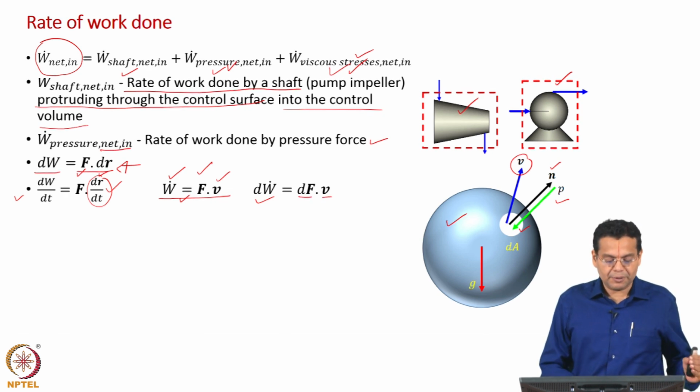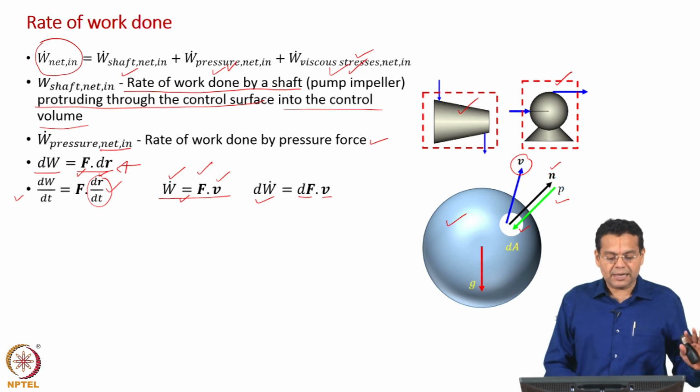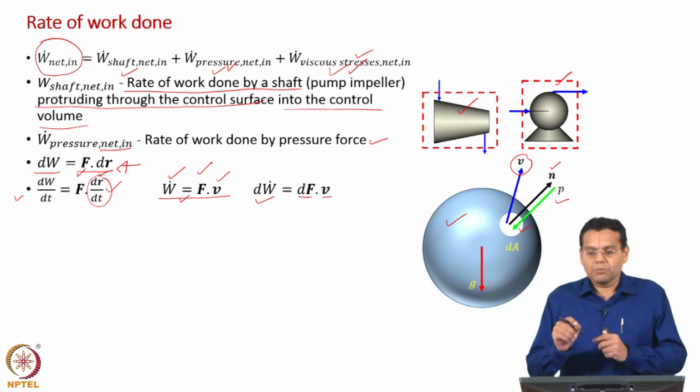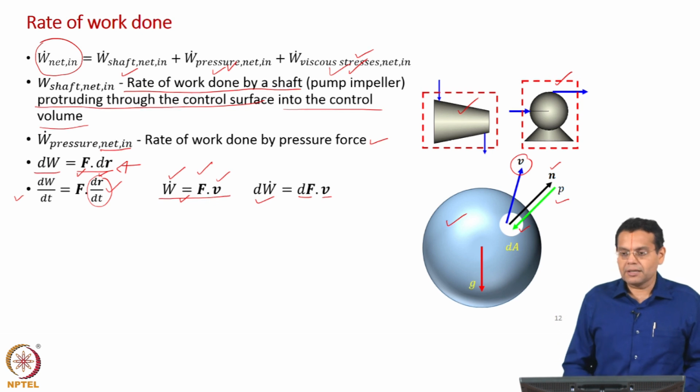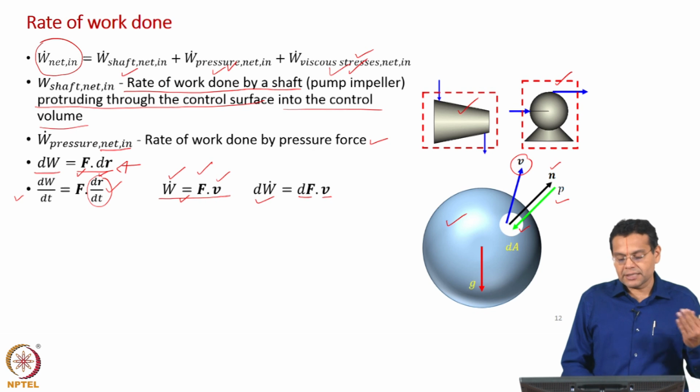Is it okay? So, let me quickly repeat this. We started with a force moving an object over a small length, which is given by dW is equal to F dot dr vector. So, that tells about the differential work done. We express that in terms of rate with respect to time. So, left hand side becomes rate of work done and dr by dt becomes velocity.